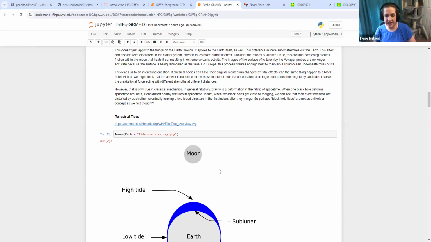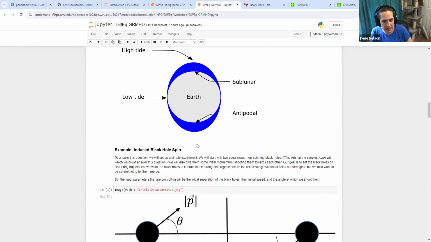This actually gets very extreme when you're looking at a black hole merger. We can see that the event horizons are extremely distorted, eventually forming this two-lobed structure in the first instant after they merge. So this isn't quite as far out there an idea as we might first think.